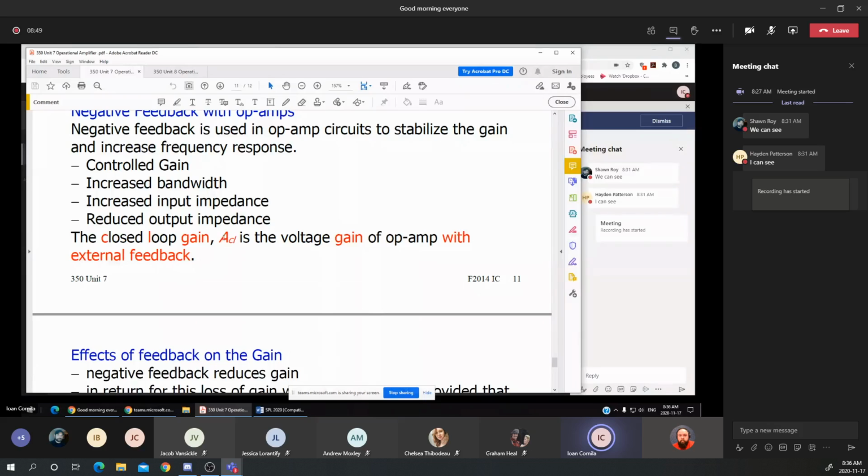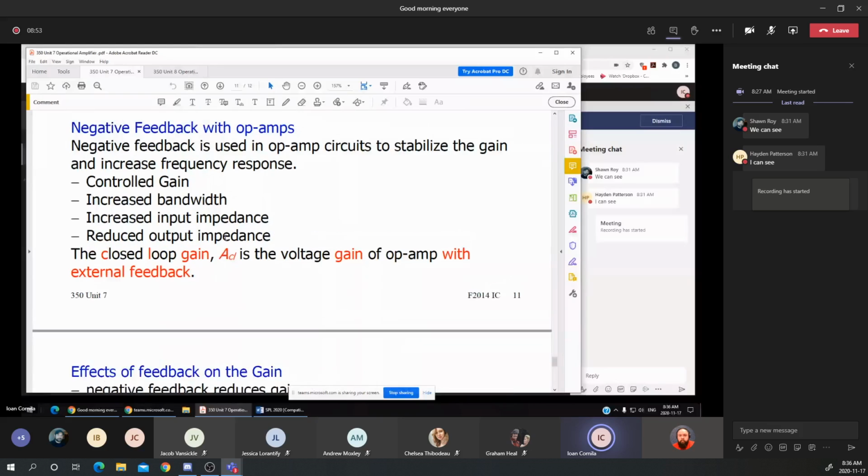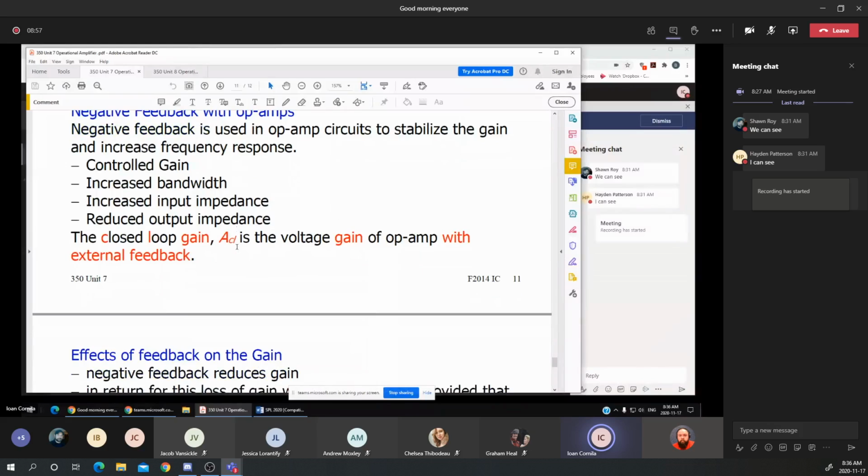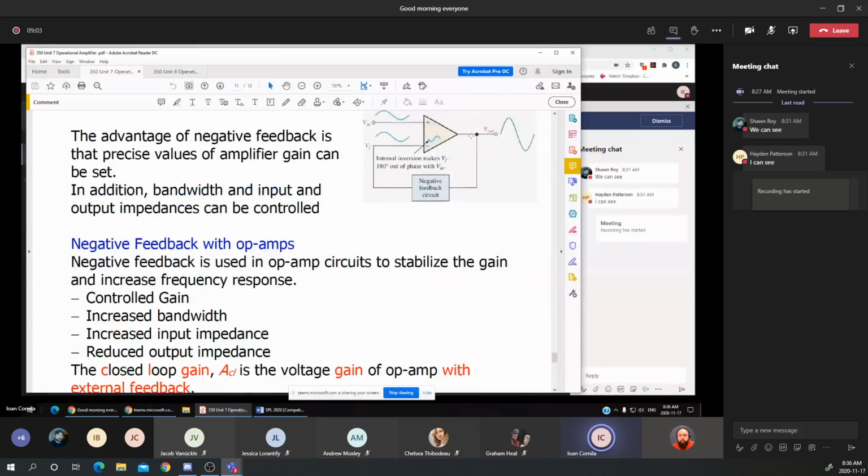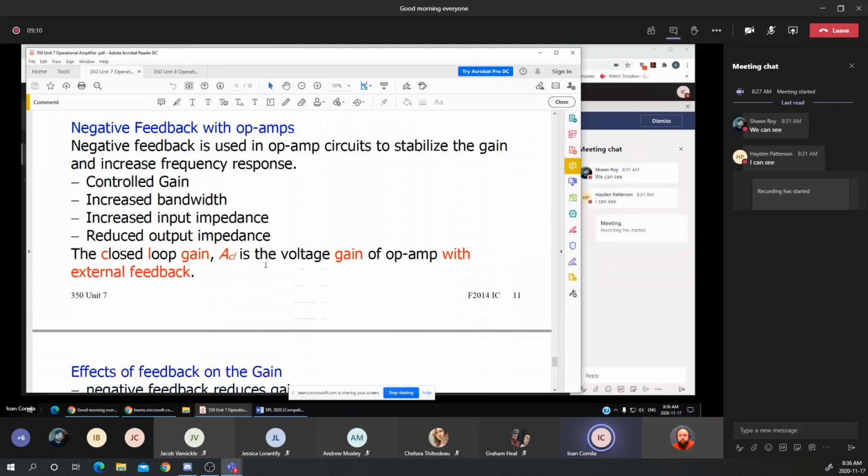Once we are using a feedback network or negative feedback for an op-amp, the gain becomes a closed loop gain. The closed loop, again, is the connection between the output and the input. That's why it's called the closed loop gain for an op-amp.